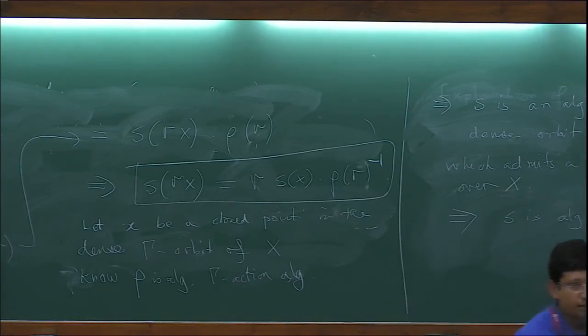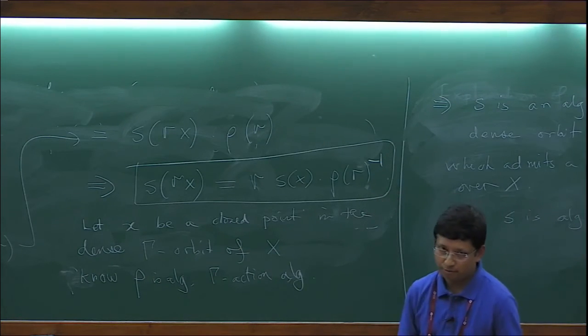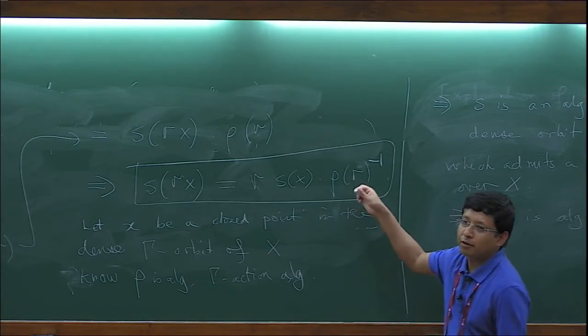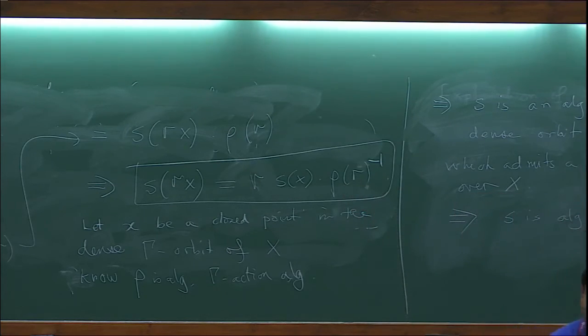And such a section is often called a semi-equivariant section with respect to the gamma action. Semi for this extra part, the rho part. So that's the theorem.